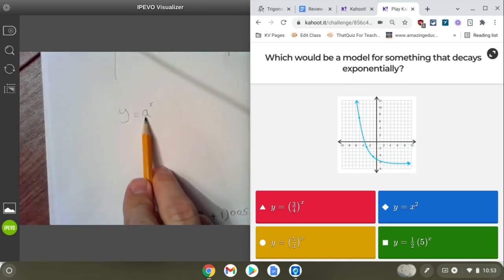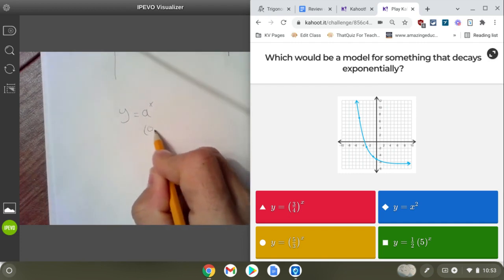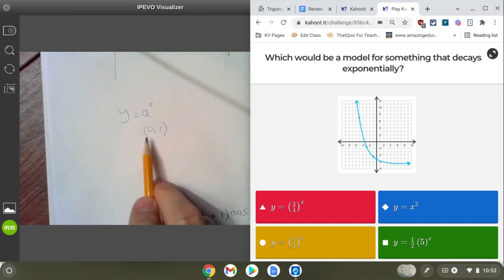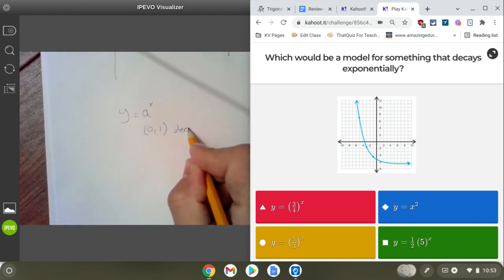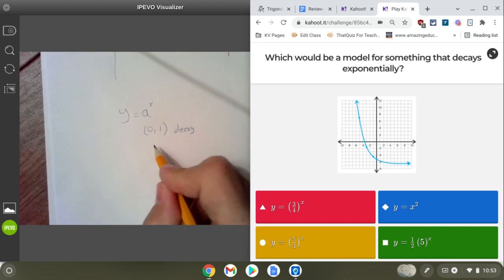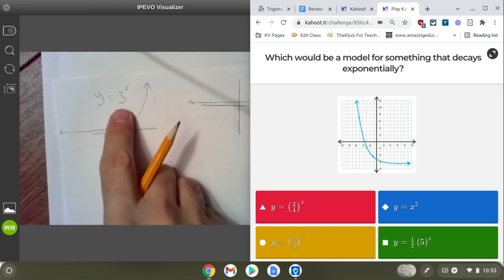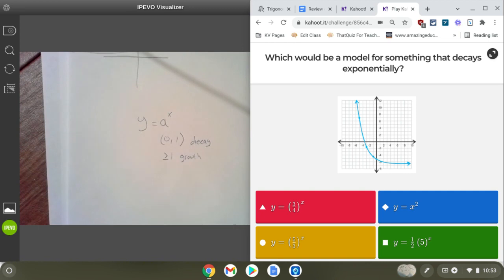If the base is between 0 and 1, it's going to represent exponential decay. So if we had 1/3 there, that would decay exponentially. But if it's bigger than 1, that's going to represent growth. That was why 3 to the x grew exponentially.